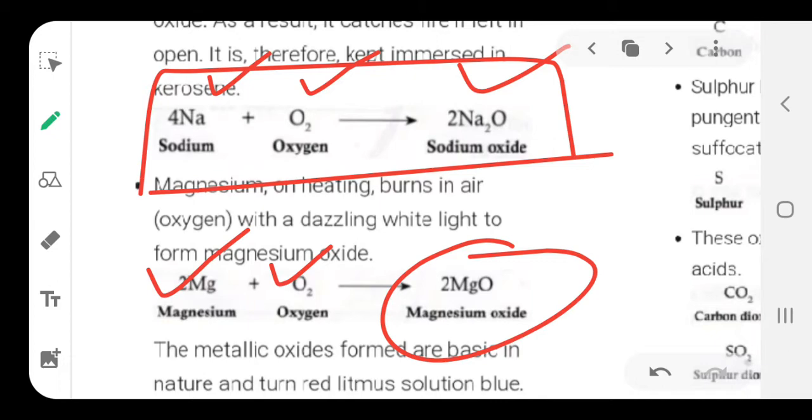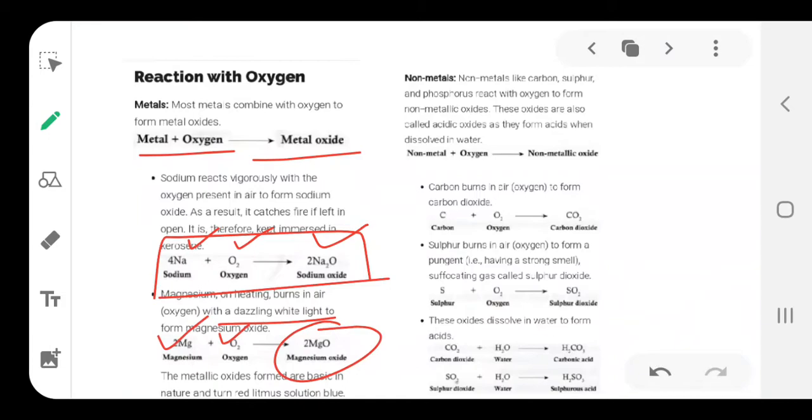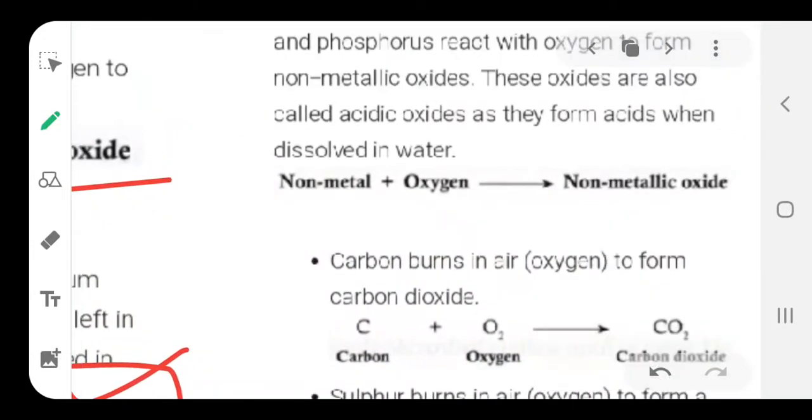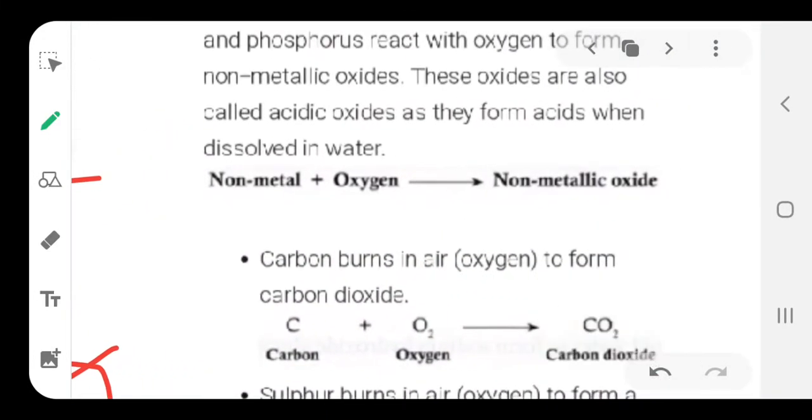When we burn magnesium in the presence of oxygen in the lab, it burns with a dazzling white light. A very bright light is produced. Similarly for non-metals, again write down the general equation.